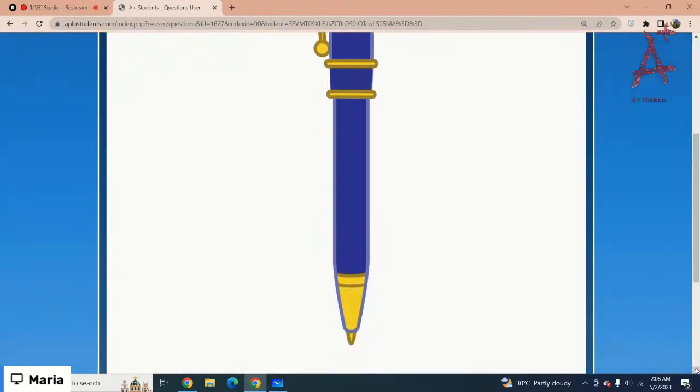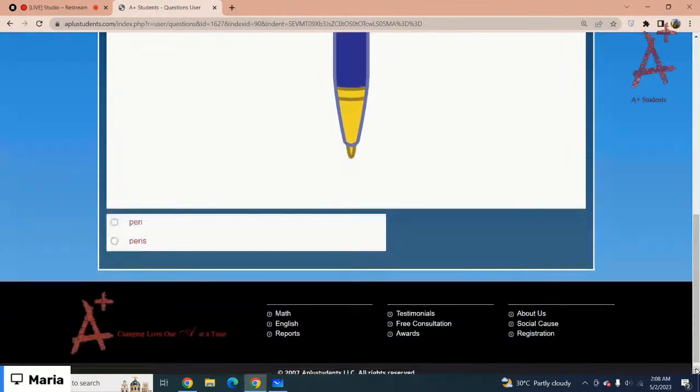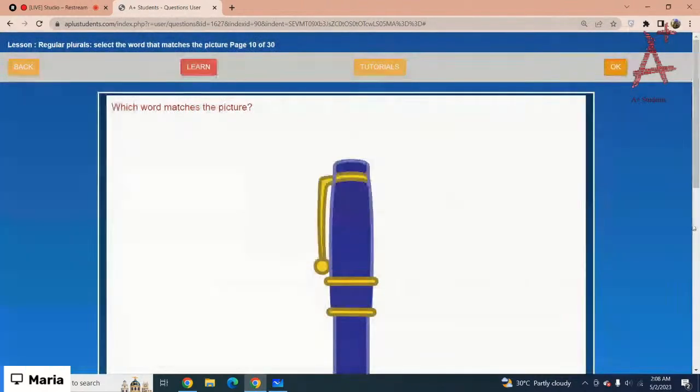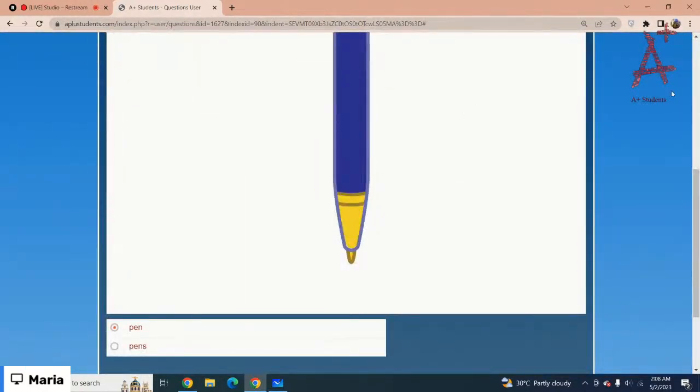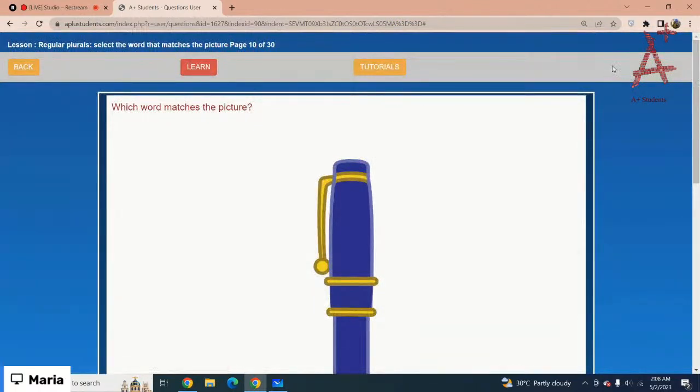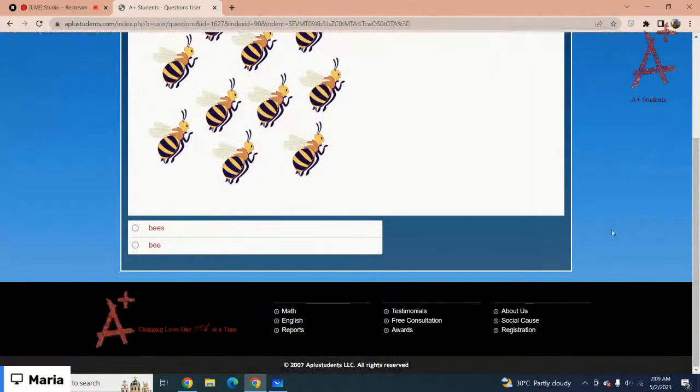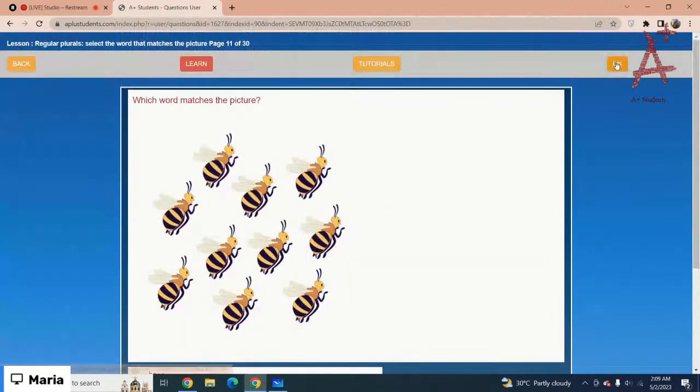Which word matches the picture? Pen or pens? Pen, we have just a single one, so it would be a pen. Which word matches the picture? Bees or bee? Bees, they are more than one.